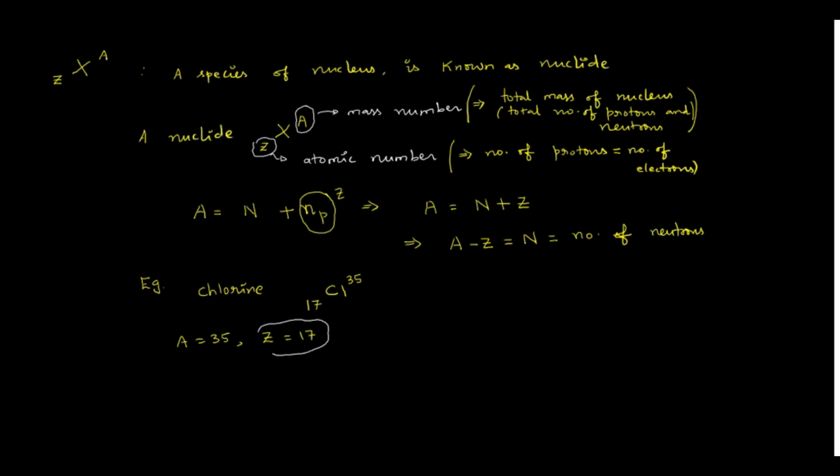Z contains the number of protons, as well as the number of electrons. And A gives the total number of protons and neutrons, that is the mass number. So A minus Z must give you the number of neutrons. So the number of neutrons is equal to 35 minus 17, which is 18.